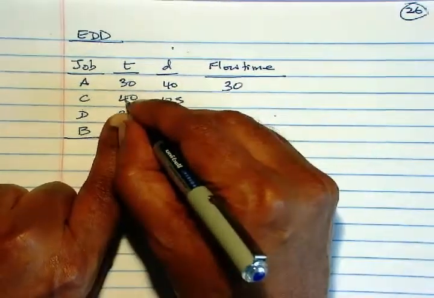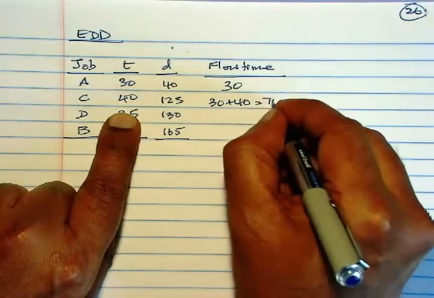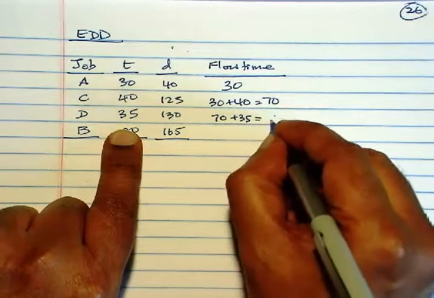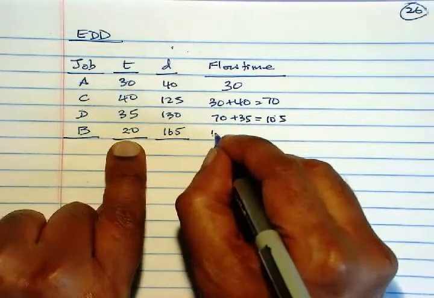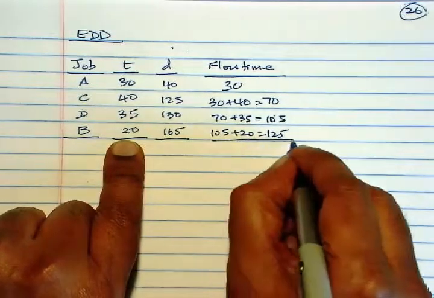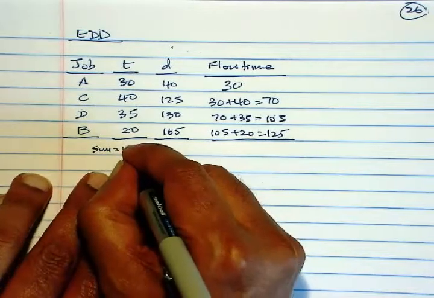And then 30 plus 40 equal to 70, and 70 plus 35 is 105, and 105 plus 20 is 125. Now, of course, you need to have the sums of these columns.